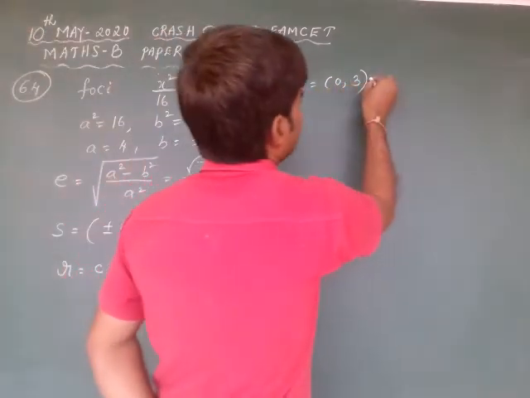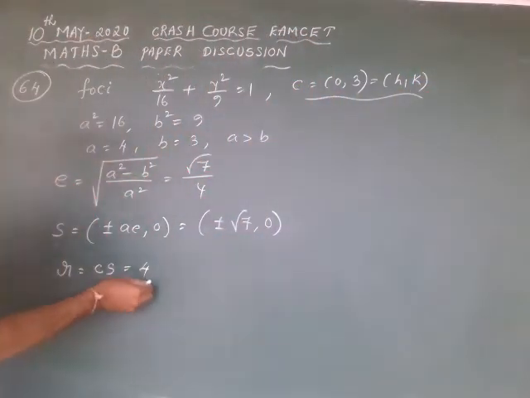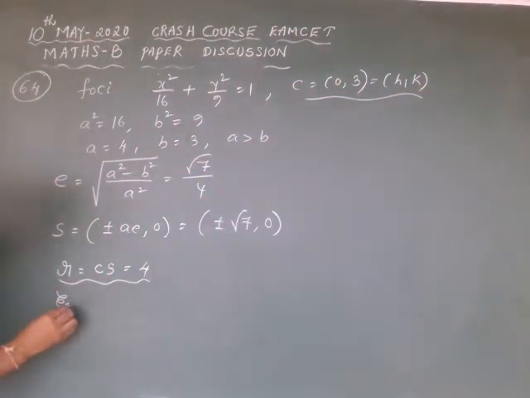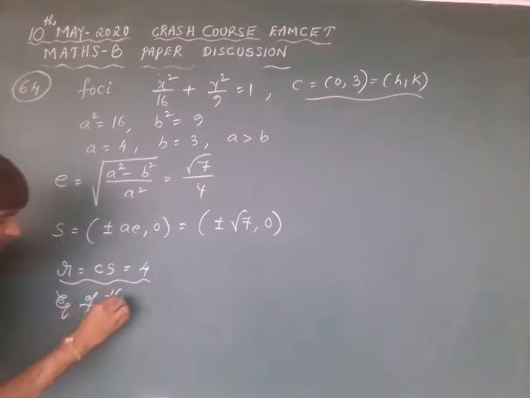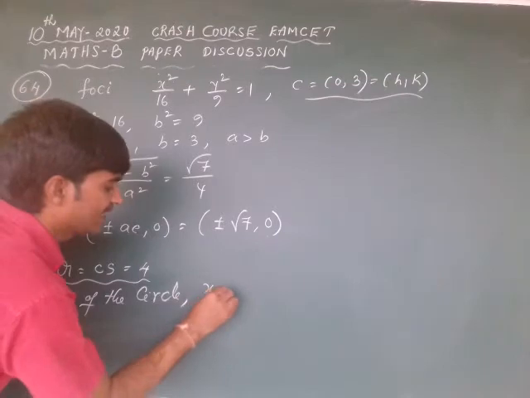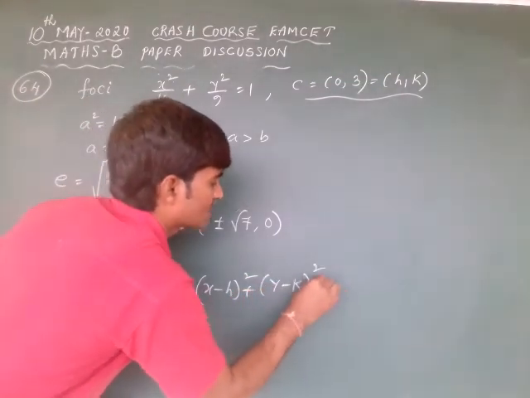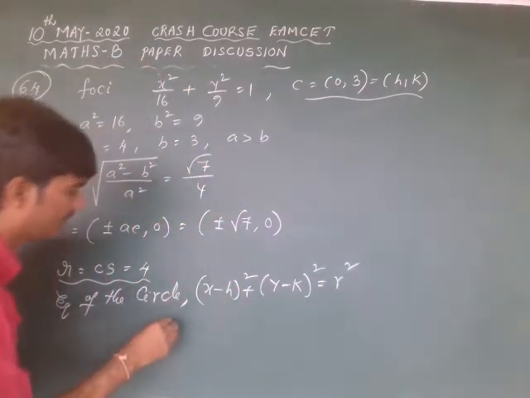Now C (0, 3) is taken as (h, k) and radius r is equal to 4. Hence the equation of the circle with center (h, k) and radius r is (x minus h) whole square plus (y minus k) whole square is equal to r square.